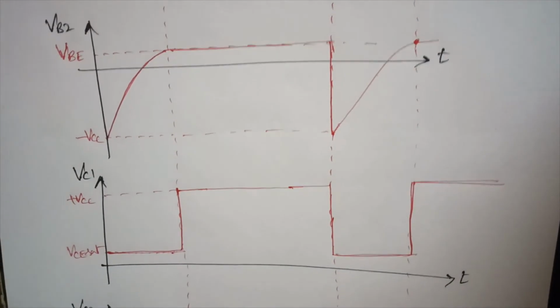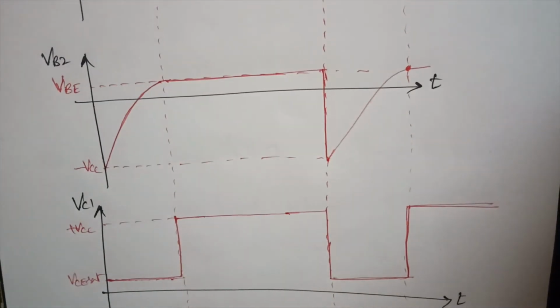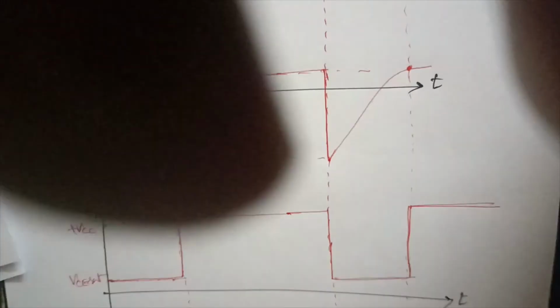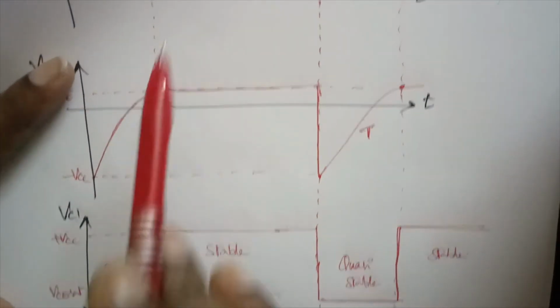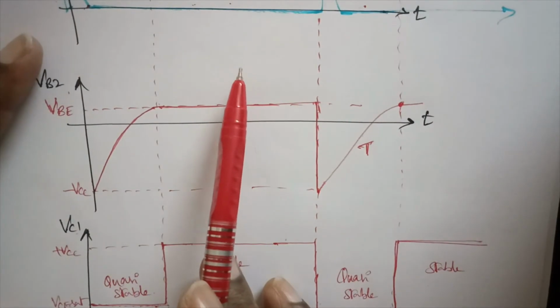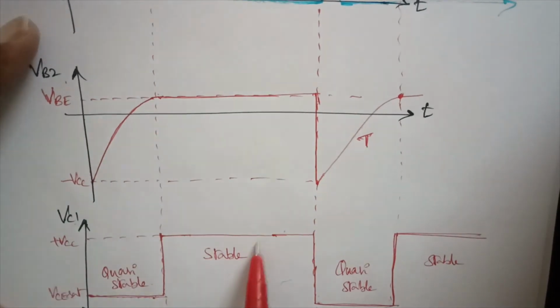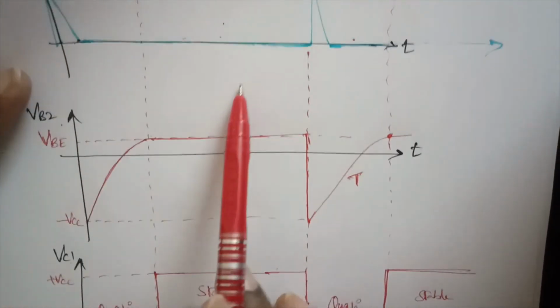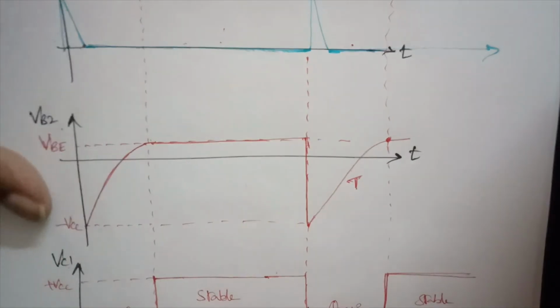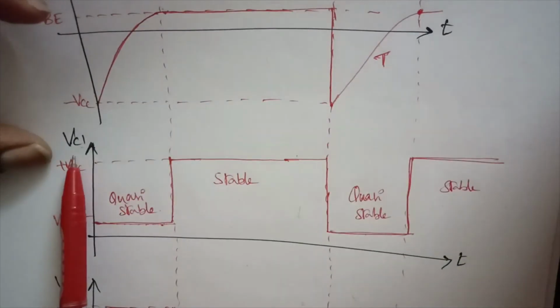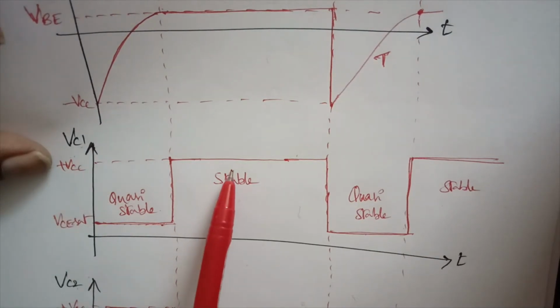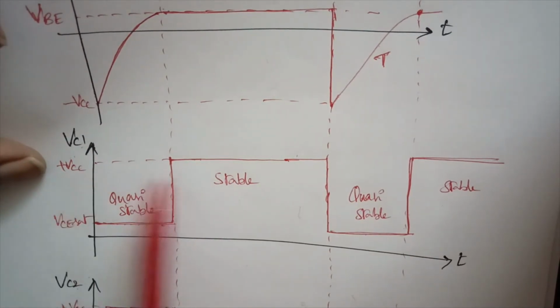Now see all the waveforms once. Now see here from the output waveforms. In the stable state we are not applying any trigger pulse. In the stable state the transistor Q1 is in off condition, so it is at plus VCC.